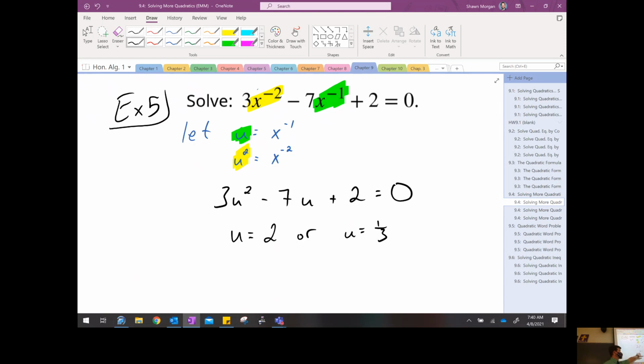Now, if U equals 2 or U equals 1/3, that means that x to the negative first equals 2, or x to the negative first equals 1/3. Now, what do I do after that? Quentin?